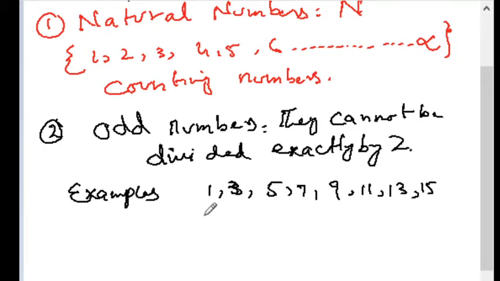If you look at 1, we cannot divide 1 exactly by 2. It's not possible to divide 1 exactly by 2.